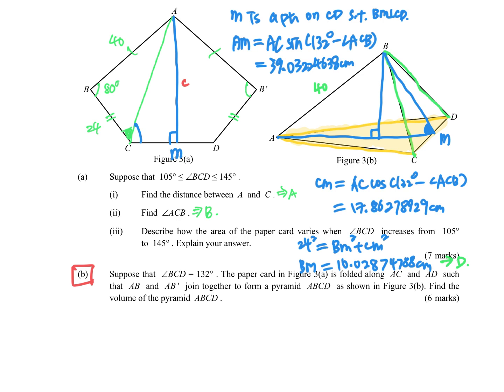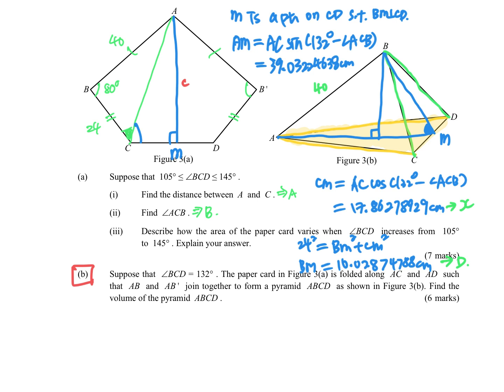And just now the other side is also important, because if we have CM, then we can find out the base area. Never mind, I just try to plug it again. So that would be X. This is X. Now that's good, because we have all three sides.